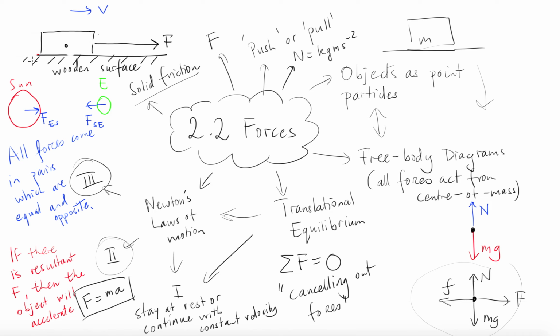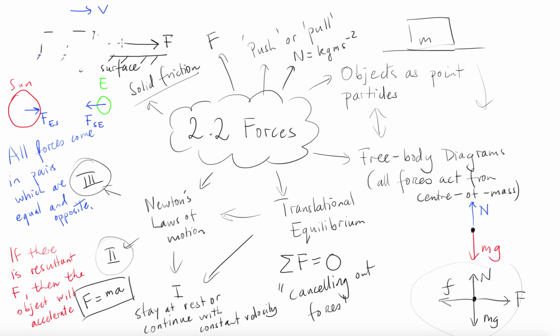As soon as it's in motion, we have a dynamic coefficient of friction acting in the opposite direction, but it's actually slightly less than the maximum static friction, which is the friction it has when it's stationary.